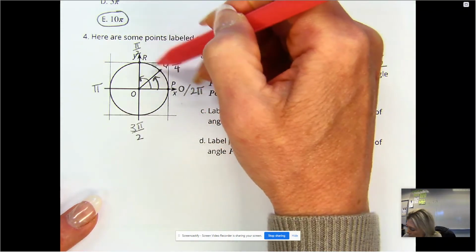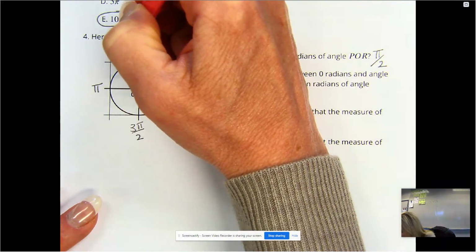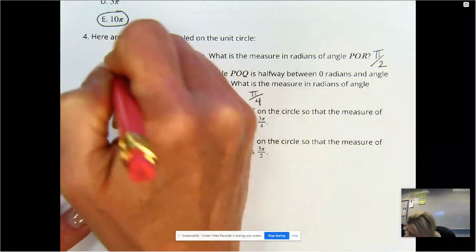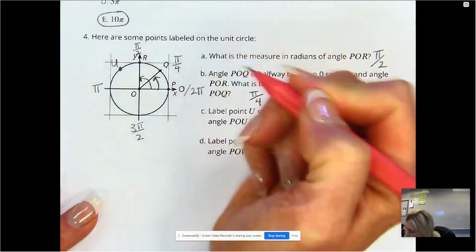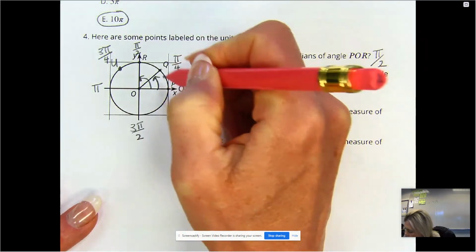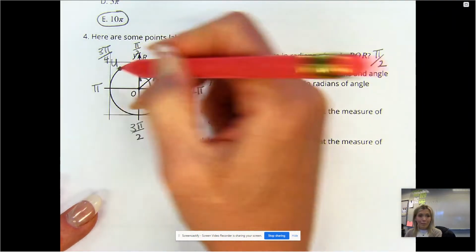One more piece that size would be right here in the middle. That would be at 3 pi over 4, and this is going to be point U. 3 pi over 4. So we go 1 pi over 4, 2 pi over 4, and 3 pi over 4.